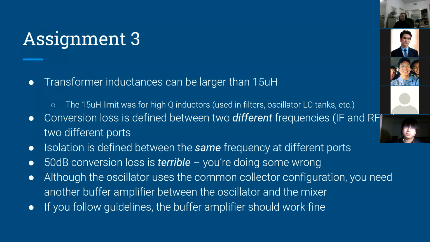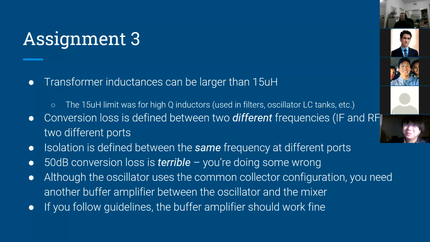That specifically was for high Q inductors, which are used in things like filters and LC tanks for oscillators. But for transformers, you can usually get much higher inductances because the Q is not as important. So 80 microhenries is a reasonable value. But much higher than that is not so reasonable.